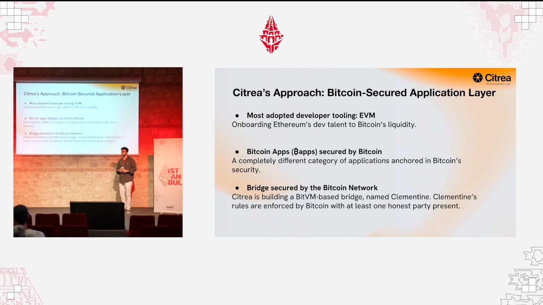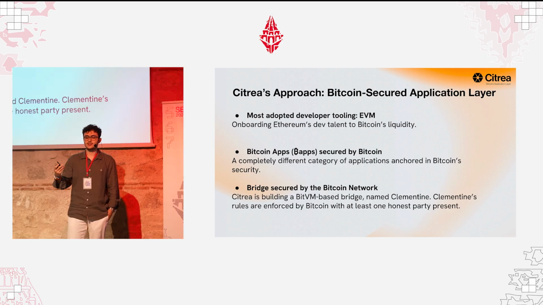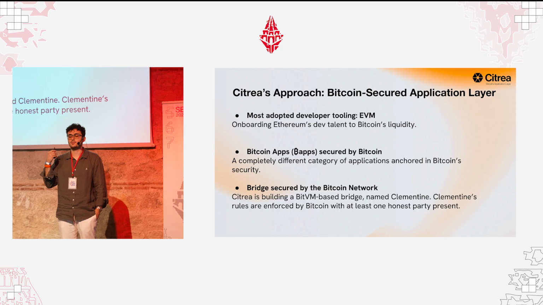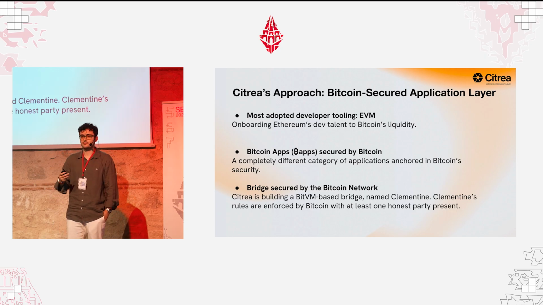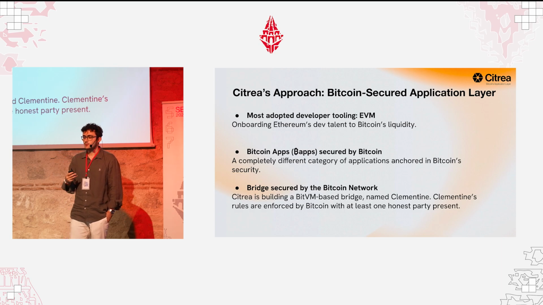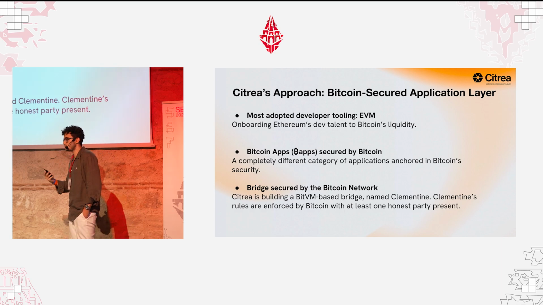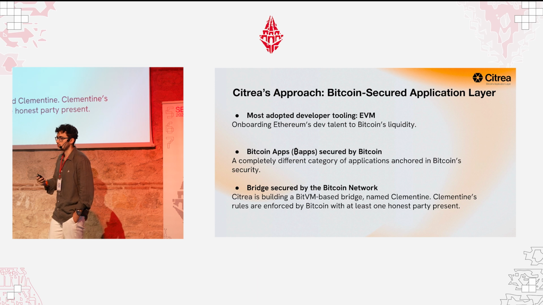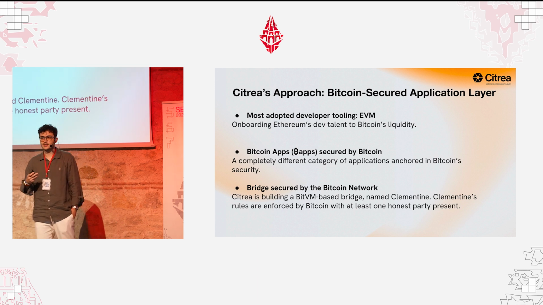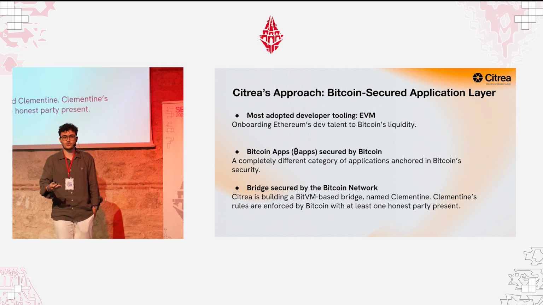So with all of these in mind, we believe a new Bitcoin application layer should have these three properties. It should have EVM as its VM, and that's because we want to let developers use existing tools they know, and let them deploy existing applications they know how to deploy and maintain.